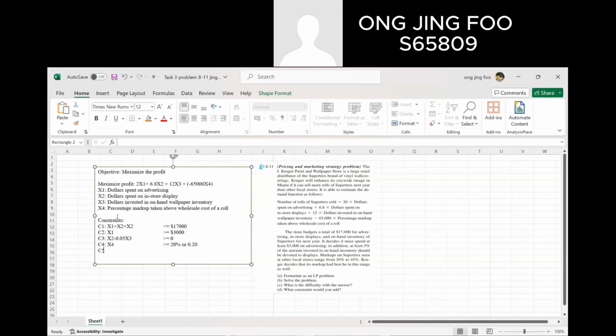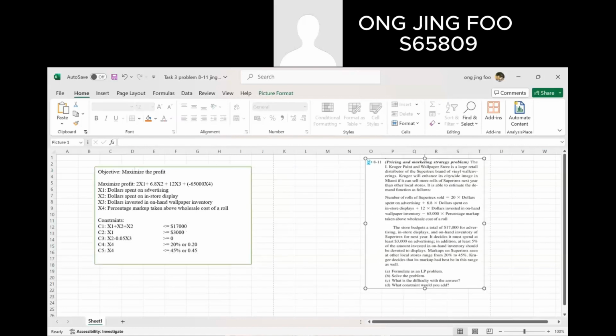And our constraint 5 is x4, sorry, it's x4 actually, but less than or equal to 45% or 0.45. So that's all. So that is our information about the question.